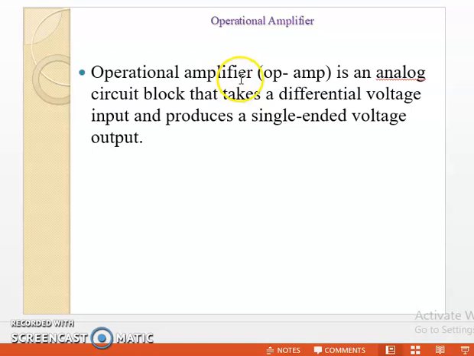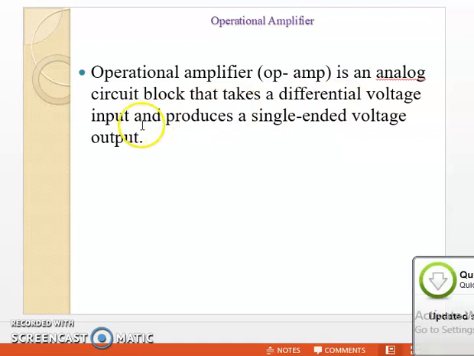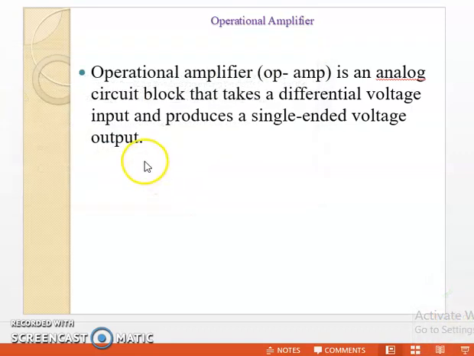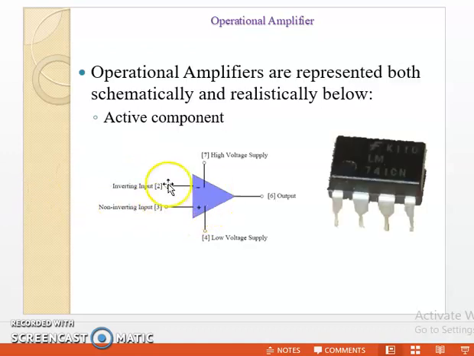Operational amplifier is an analog circuit block that takes a differential voltage input and produces a single-ended output voltage. It takes differential voltage input, remember, and it produces a single-ended voltage output. Here you see a schematic symbol of op-amp.